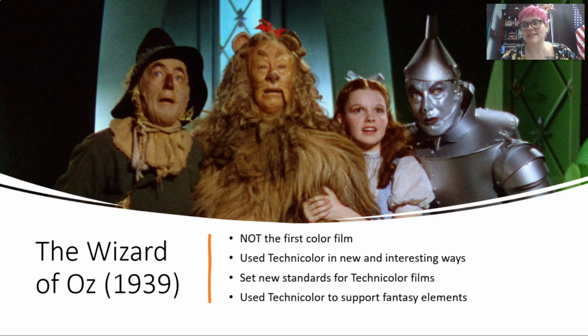So just like The Jazz Singer was not the first talking film, and Birth of a Nation was not necessarily the first feature film, they were the first that spread it across Hollywood. So Wizard of Oz, because it used Technicolor in this interesting way, set a new standard for Technicolor films in Hollywood, and it focused on the fantasy elements.